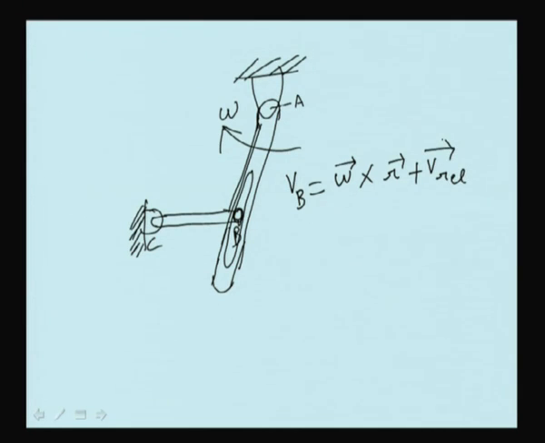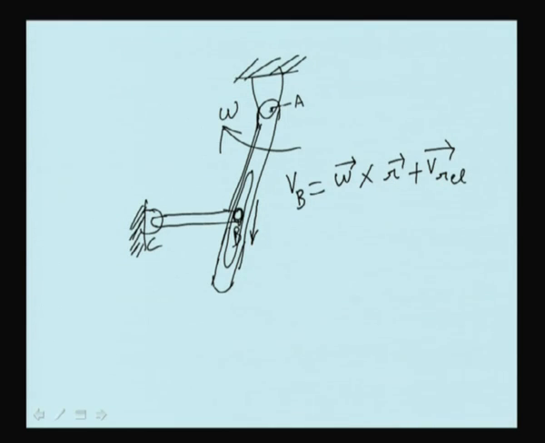At this stage you know the relative velocity direction, along this line, but you do not know the magnitude. Omega cross R can be easily calculated.